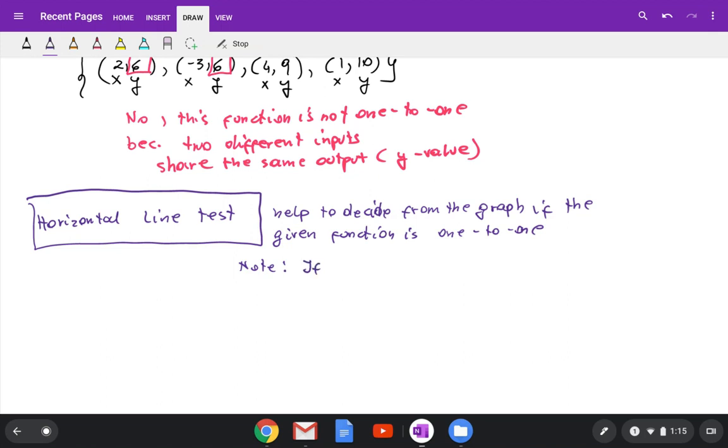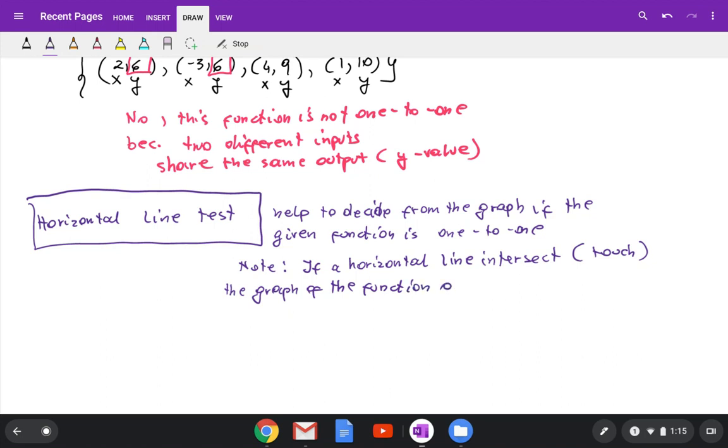So if a horizontal line, again, imagine a horizontal line, if a horizontal line intersects or touches, okay, the graph of the function once only, that means that this function is one-to-one. Otherwise, it's not one-to-one.